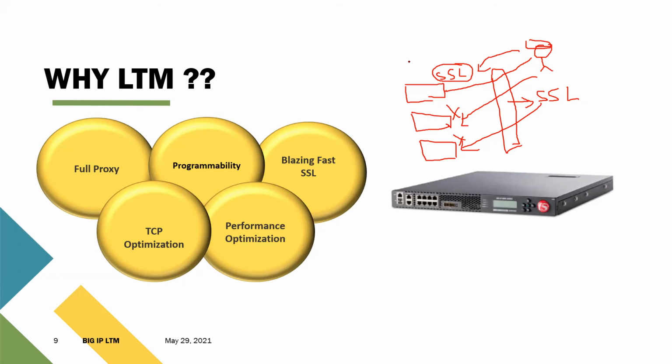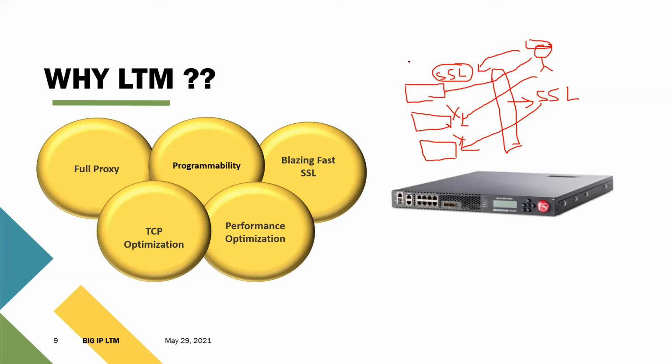So earlier you were doing SSL offloading on all those servers sitting behind, on all the servers which were supporting your infrastructure. All the servers were engaged doing that SSL handshake and encryption and decryption. Now you have handed over this task to LTM.